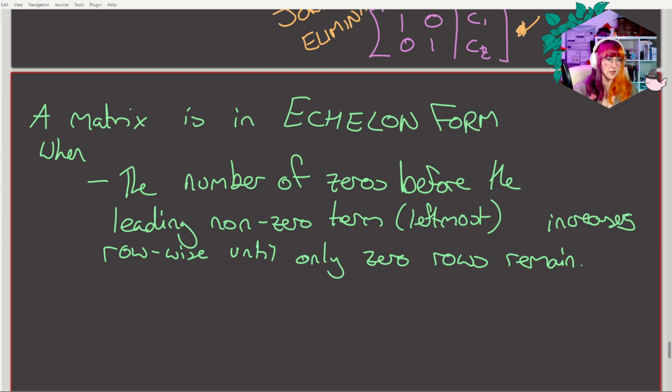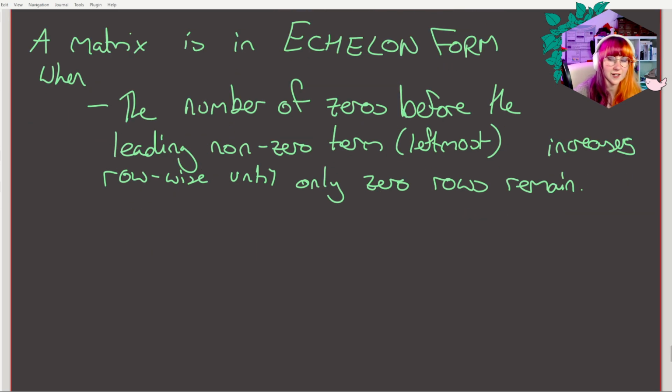A bit complicated. Essentially what that means is that in a row, the leftmost non-zero entry has obviously zeros in front of it, and then zeros beneath it as well.